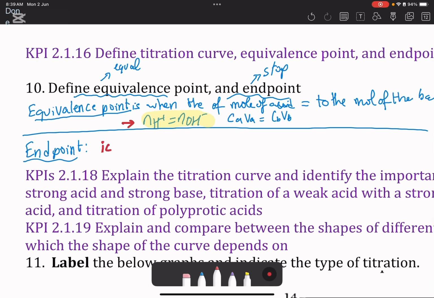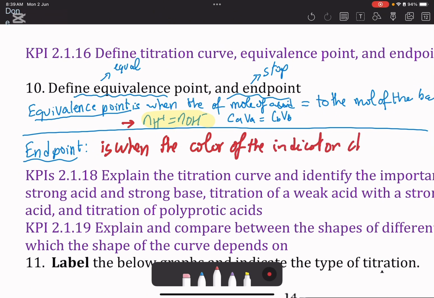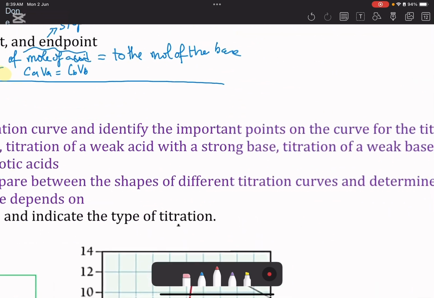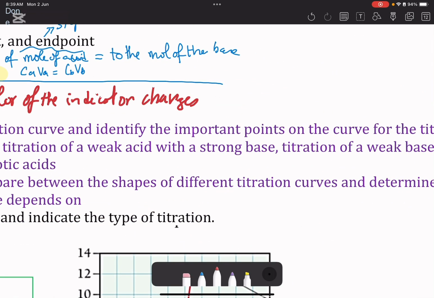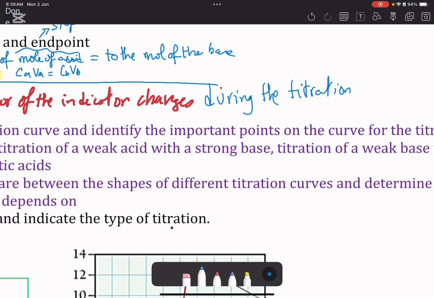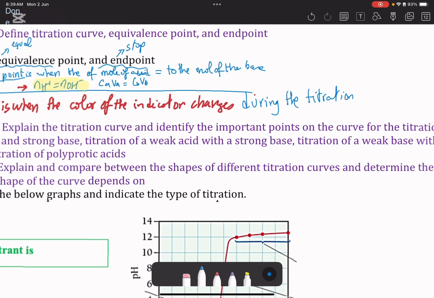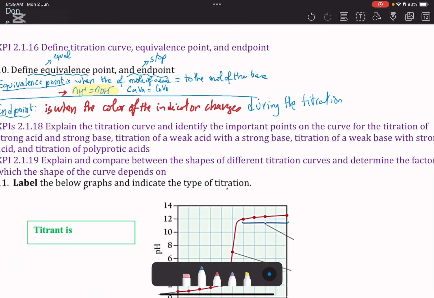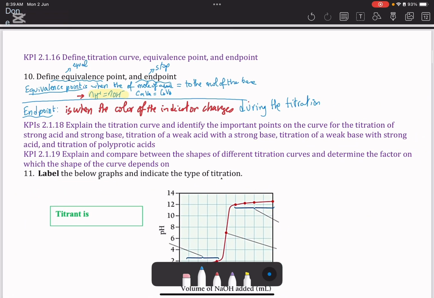So the end point is when the color of the indicator changes during the titration. At that point, we know that we should stop because the titration ended. We reached the equivalence point.